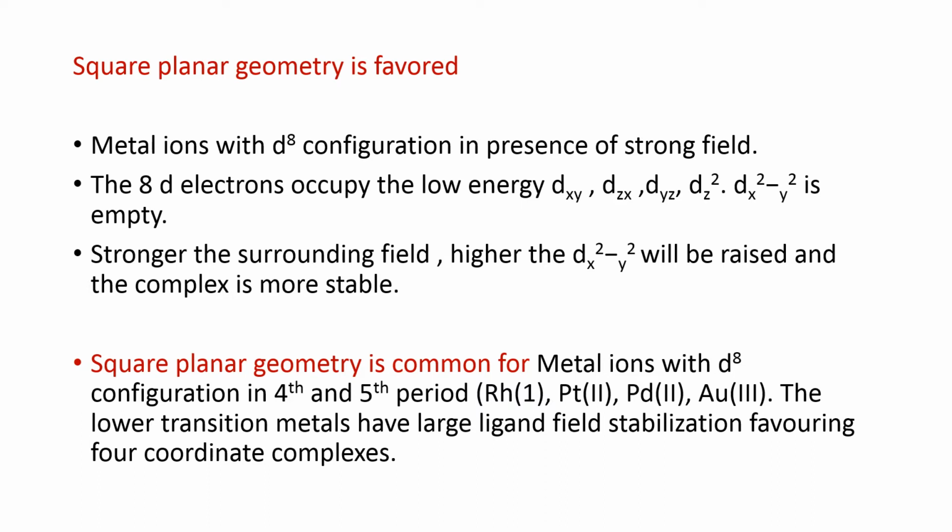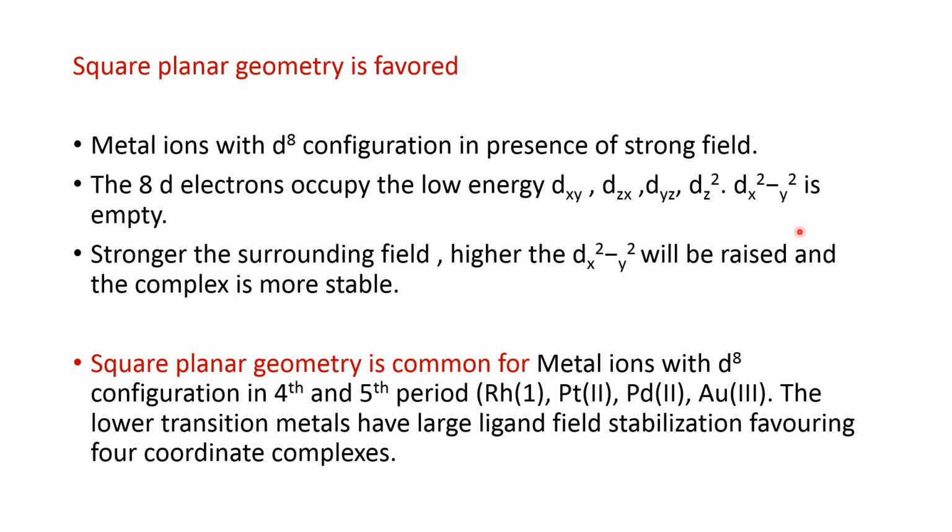The best example is tetracyanonickelate, Ni(CN)4 2 minus, where the 8 d electrons occupy the lower energy dxy, dxz, dyz and dz square orbitals, and dx square minus y square remains empty.